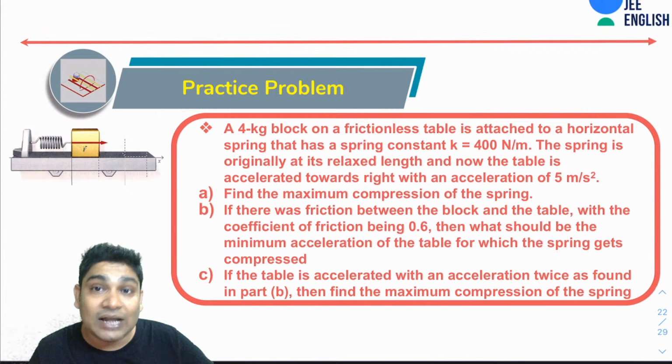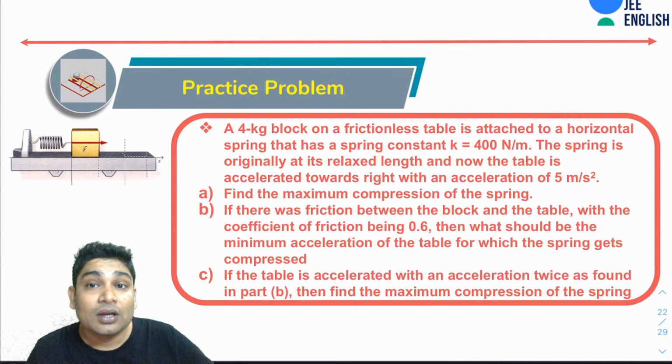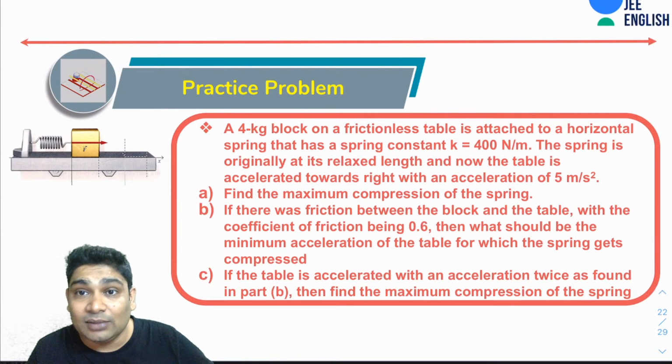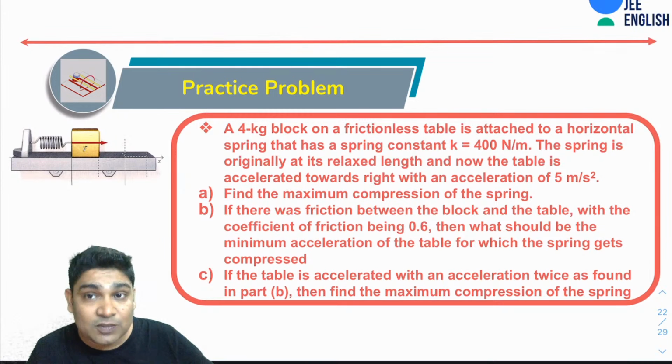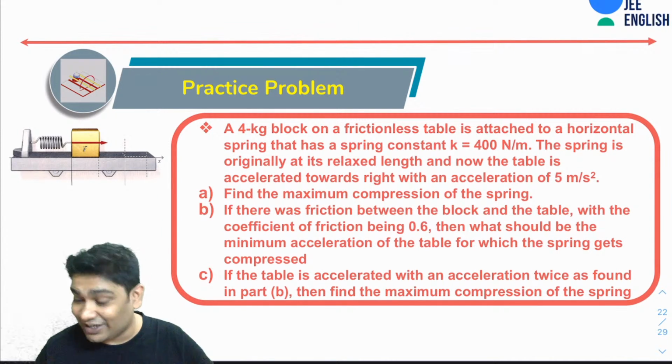This problem tells you that a 4 kg block resting on a frictionless table is attached to a horizontal spring that has a spring constant of 400 Newton per meter. The spring originally is at its relaxed length, and now the table is accelerated to the right with an acceleration of 5 meter per second square.